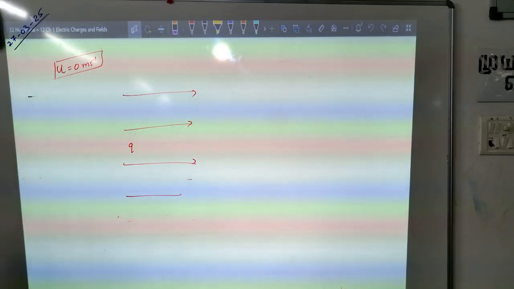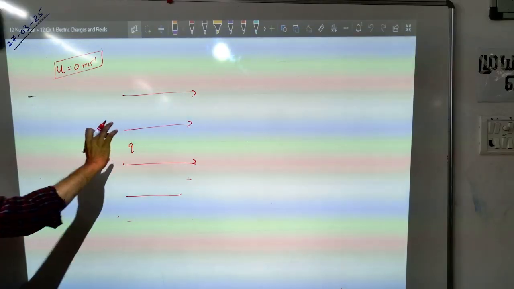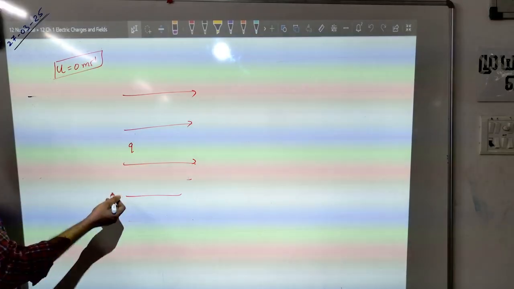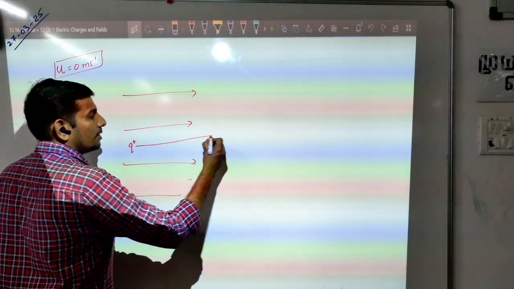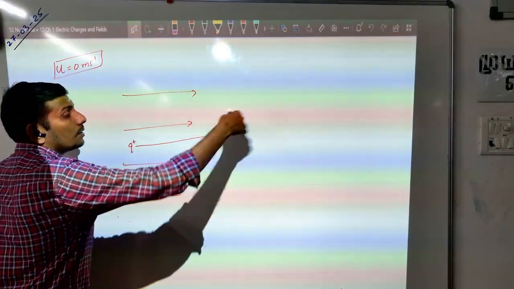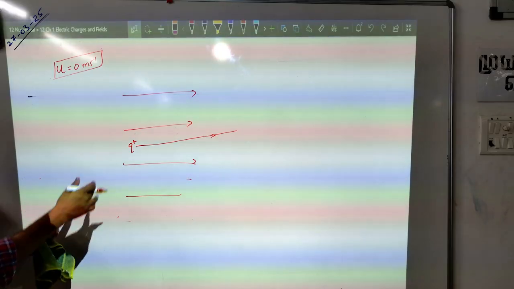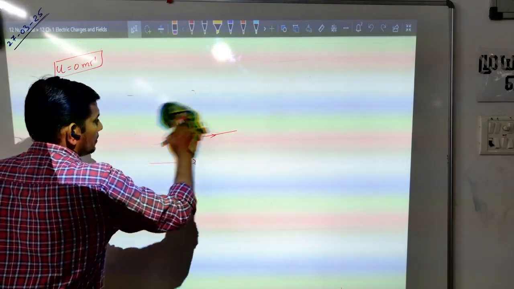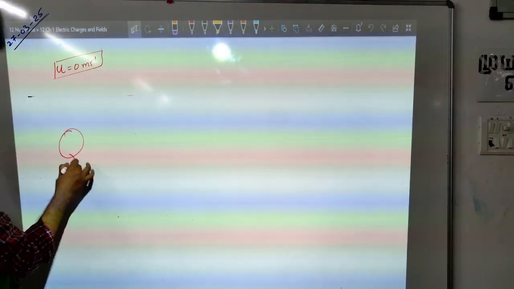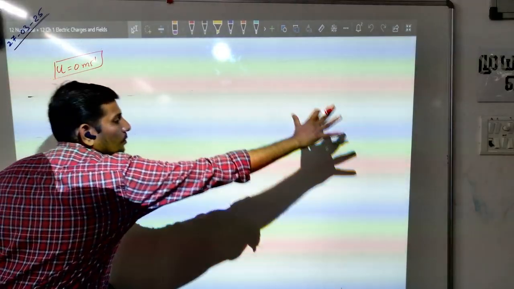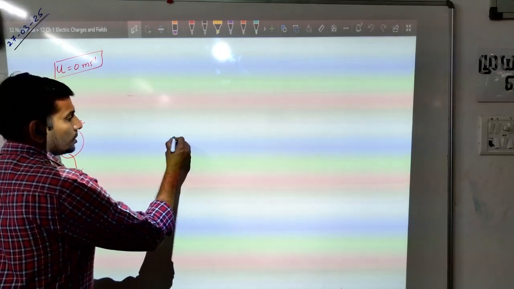0 meter per second. With initial velocity 0 meter per second, if I keep a charge here, depending on the nature of the charge, if the charge is positive, then the charge will try to travel in a straight line along the field line. Something like this: you have a big Q plus, and because of this big Q you have a lot of electric field here, and you are taking a small q which is positive in nature.